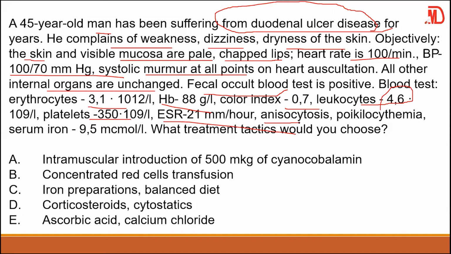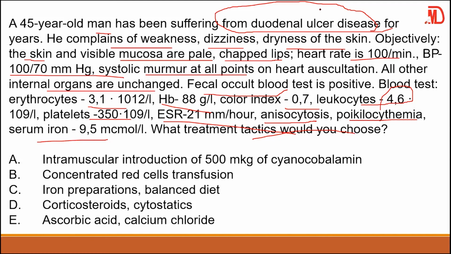Now we're having anisocytosis, poikilocytosis, serum iron. What treatment tactics would you choose? Don't forget, this person had a duodenal ulcer. So definitely you are thinking of anemia. But the question is what type of anemia? When I talk about type of anemia here, you might be thinking of chronic post-hemorrhagic anemia, which you are absolutely correct, but right now they are not looking for that type of anemia.